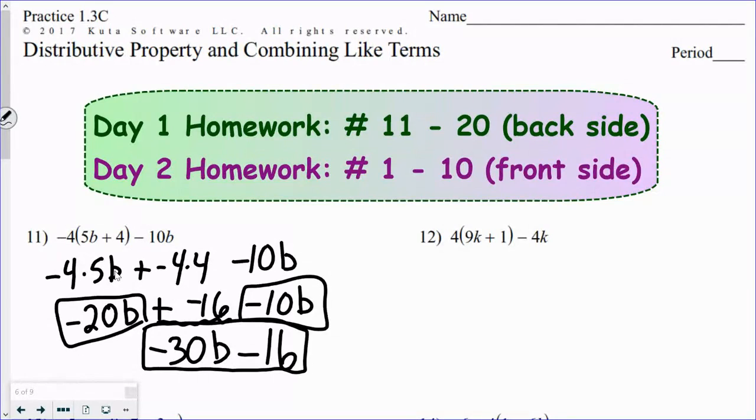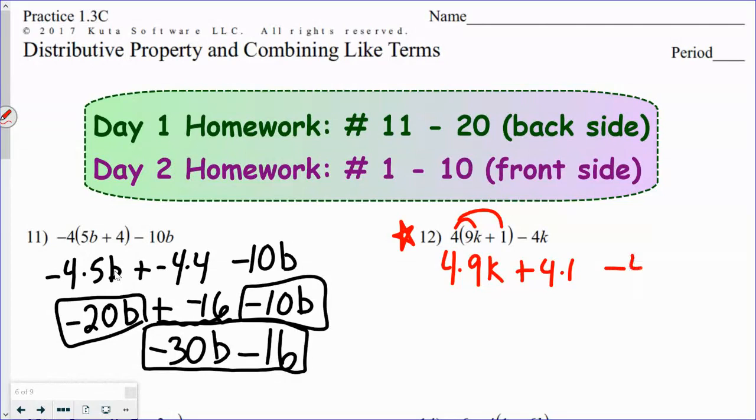All right. If you're still watching this, put a star at 12. Right? I have to take 4 times 9k. Like saying you have 4 cages with 9 kangaroos in them. And then my 4 times 1.